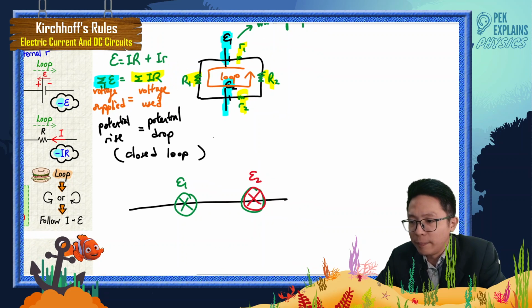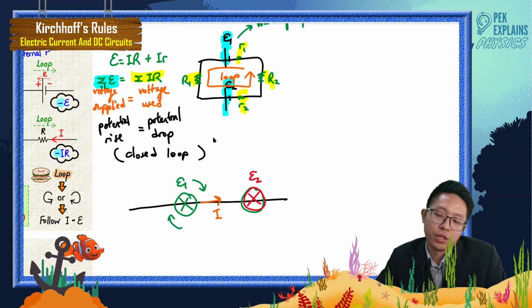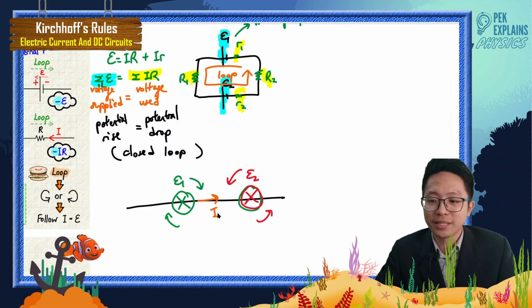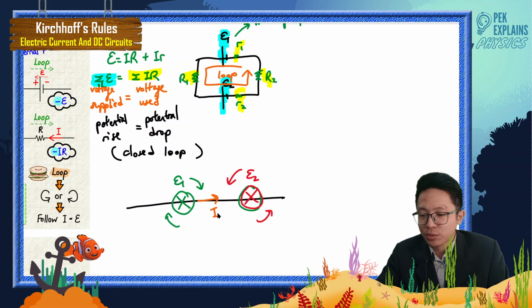But you see that the first water pump rotates clockwise, so the current is pushed to the right. But the second water pump rotates in the opposite direction. It's supposed to rotate in the same direction, then it is helpful, isn't it?